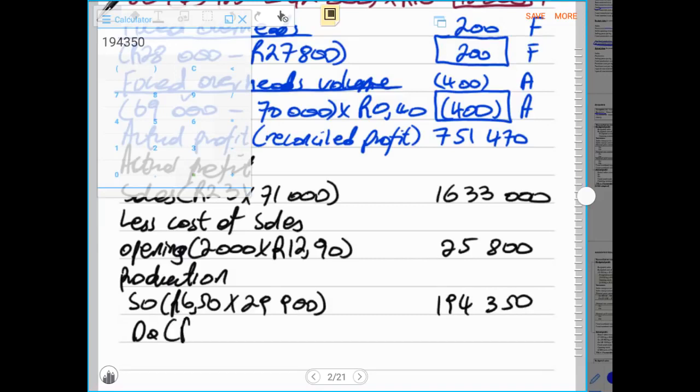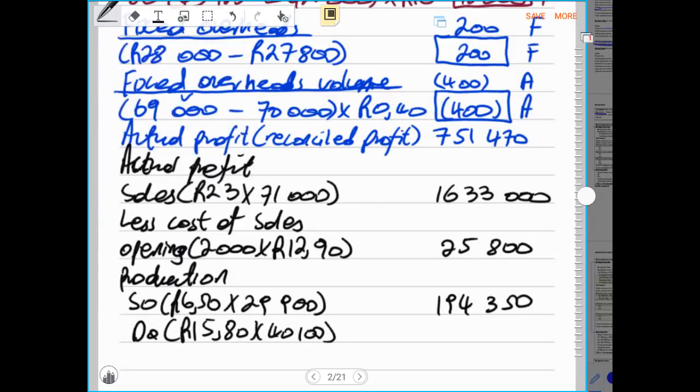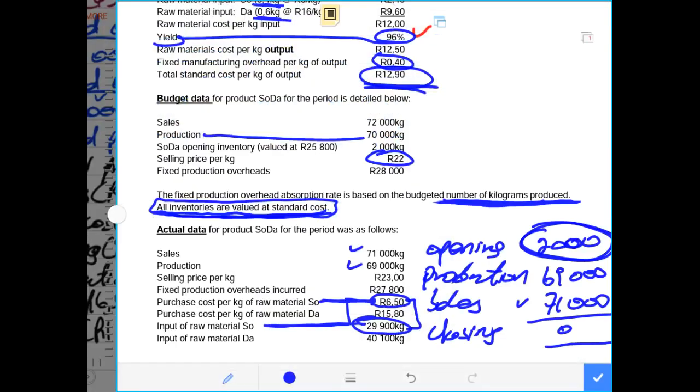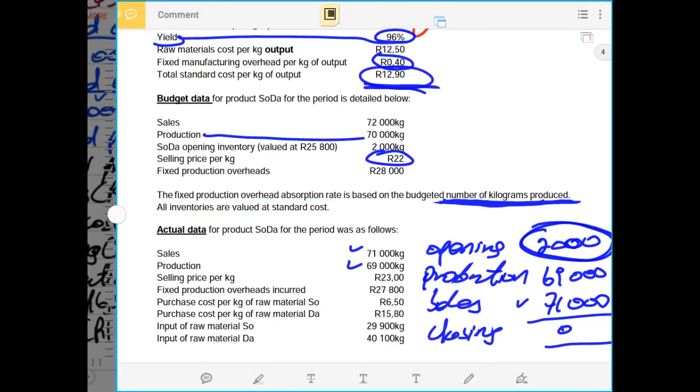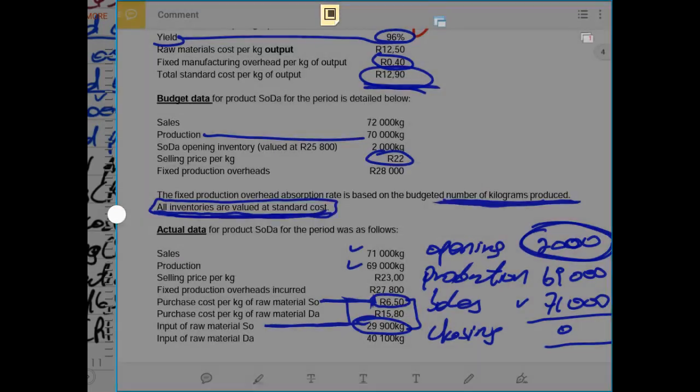And material DA was actually bought at 15 rand 80 cents, times 40,100, which is the actual kgs that went into the process of production. That becomes the actual cost of material. And we can see that they provided that to us.